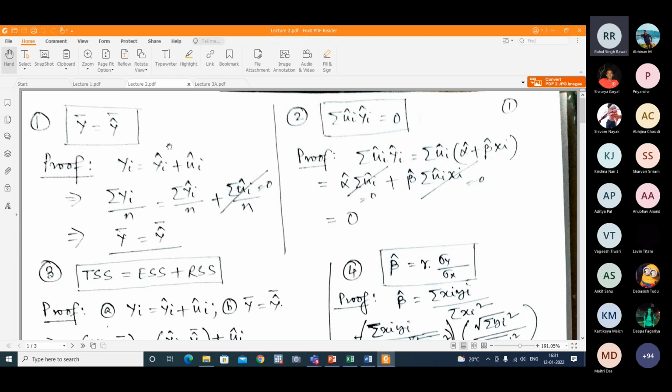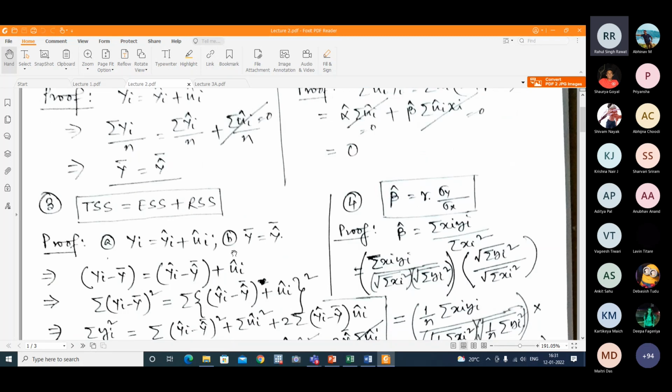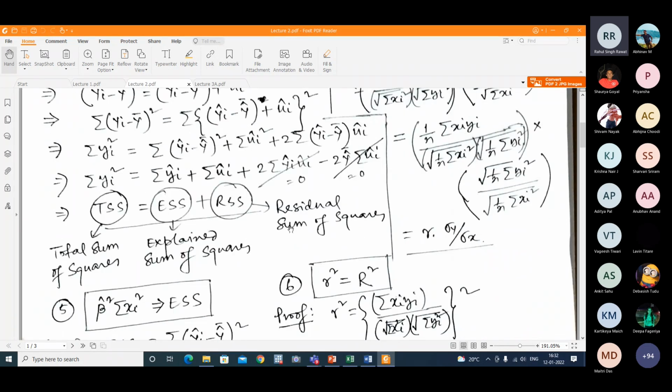So if I don't have intercept, I don't have this. If I don't have this, I don't have this, and then I don't have this. And if I don't have this, then whatever R square I get in the process may give misleading conclusions.